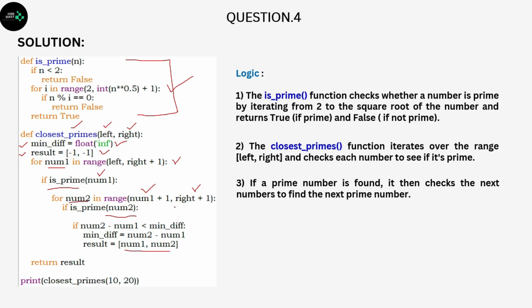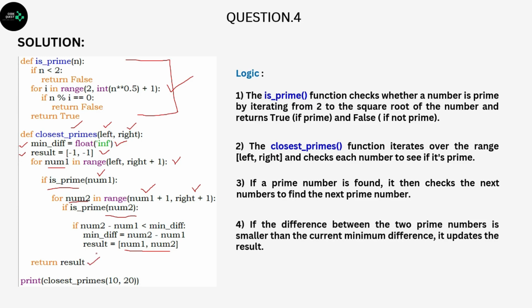So by the end of this entire function, what I'll be receiving is the value of the result, which is going to give me the final outcome, which can be the pair whose difference is minimum, or it may return -1, -1 if no such prime numbers are available.